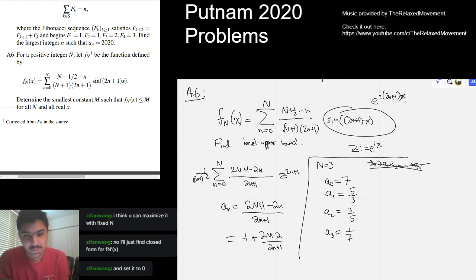No, but I still don't think you can find a closed form for fn prime. It's pretty bad, right? Yes, you gave me a method which could theoretically do it, which is a generating function idea, but I'm still not convinced this is possible.